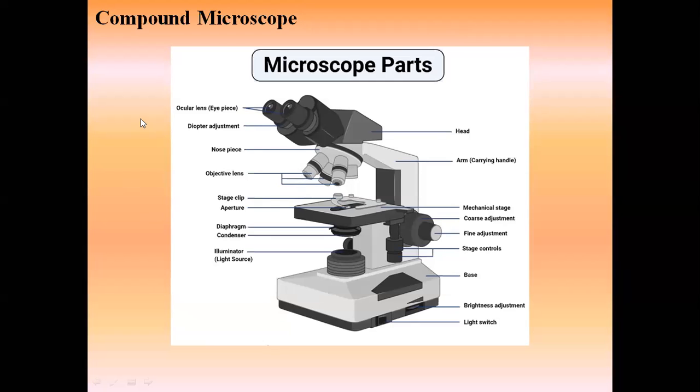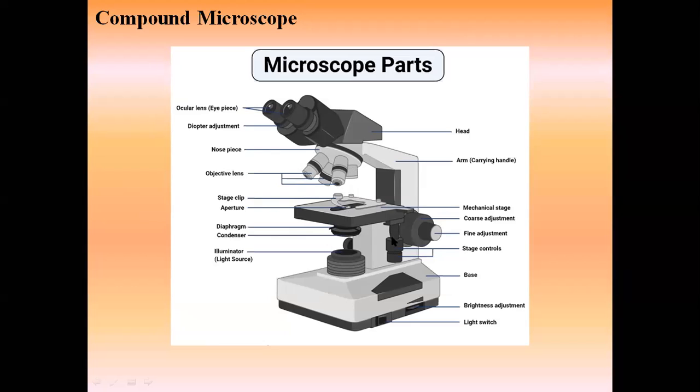So the introduction, I will tell you. As you can see, this microscope is somewhat the same as your stereo microscope. The only difference is the area. One more thing is the stage.